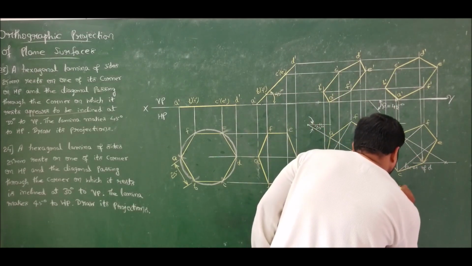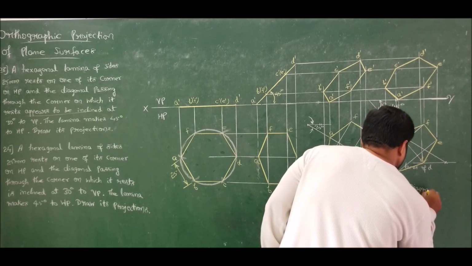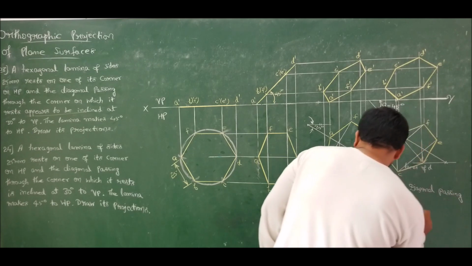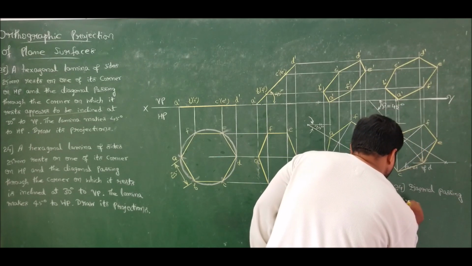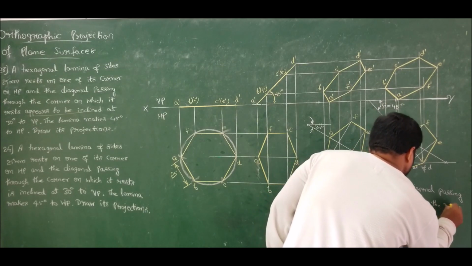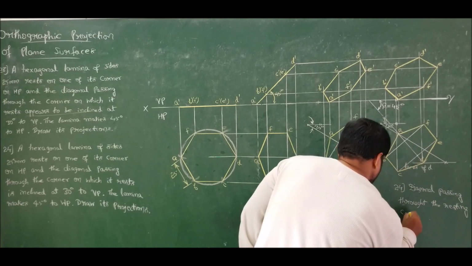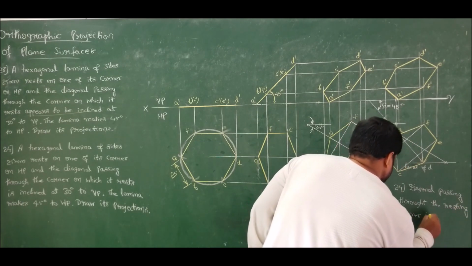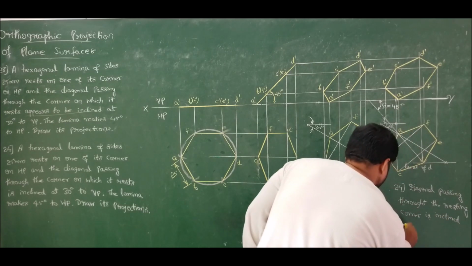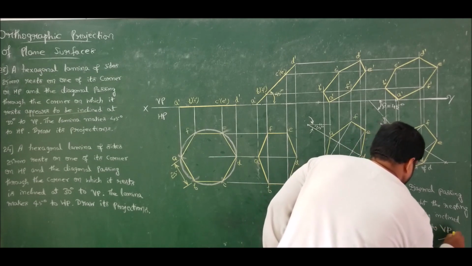So this is the solution for problem number 24, wherein the diagonal passing through the resting corner is directly inclined at 30 degrees to VP.